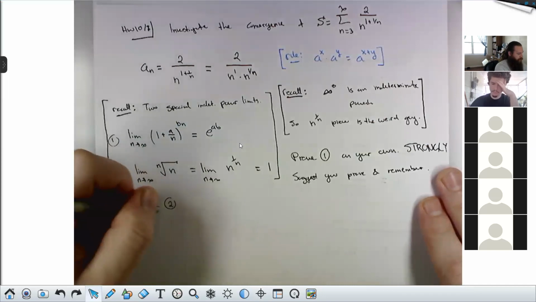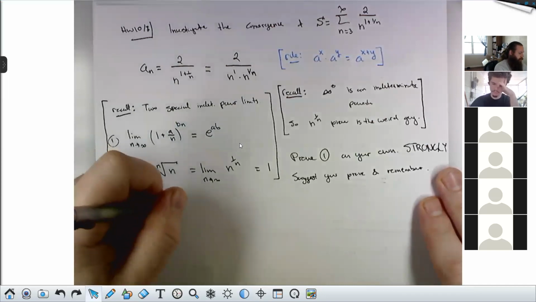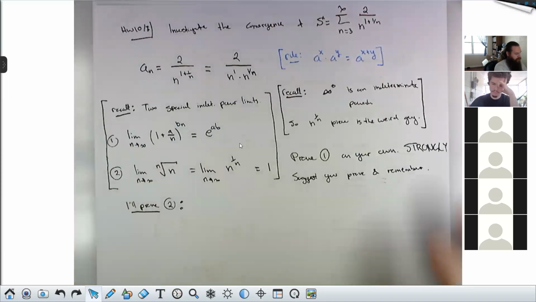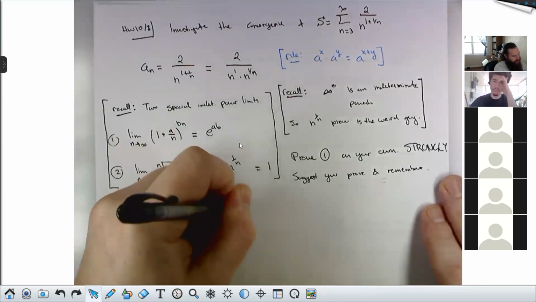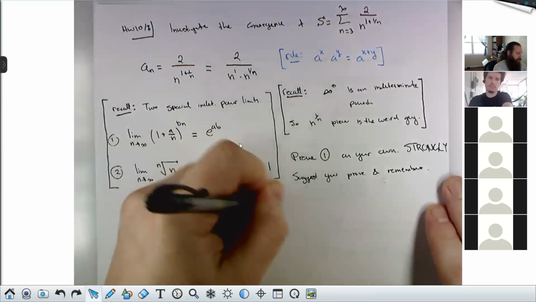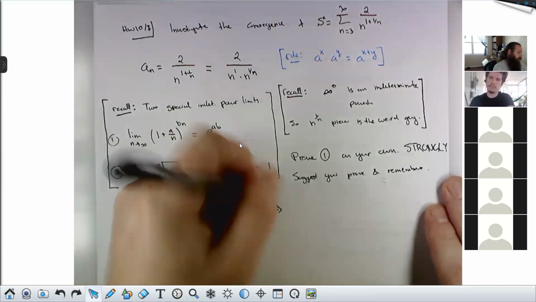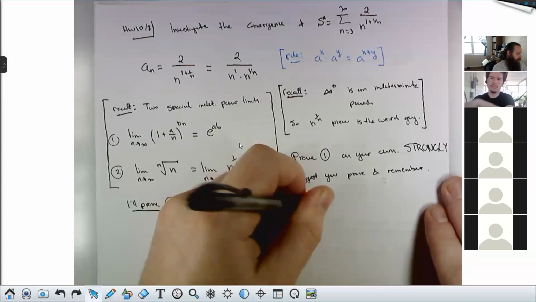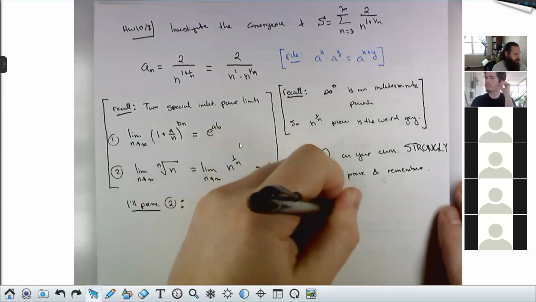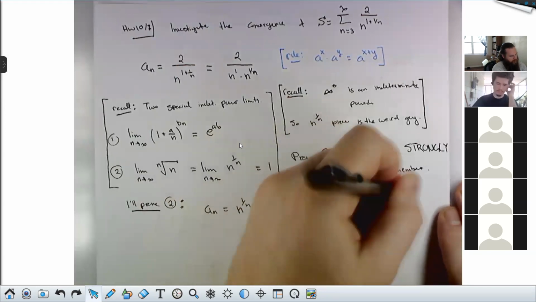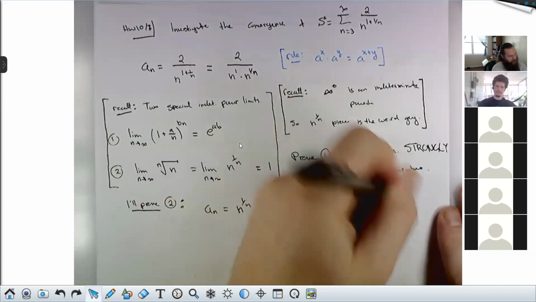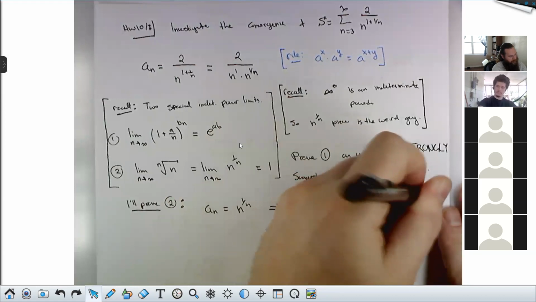And you can use this to guide your proof of 1 if you've forgotten a little bit of the L'Hopital stuff. So if a_n is equal to n to the 1 over n, then the natural log of a_n is equal to the natural log of n to the 1 over n, which is 1 over n times the natural log of n.